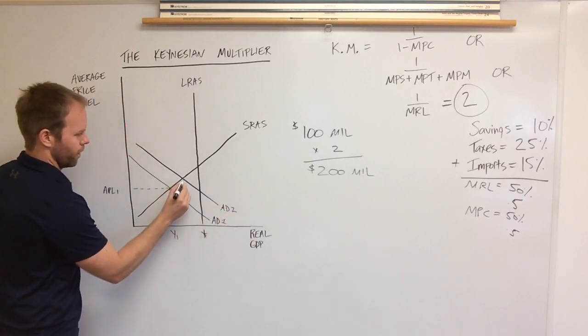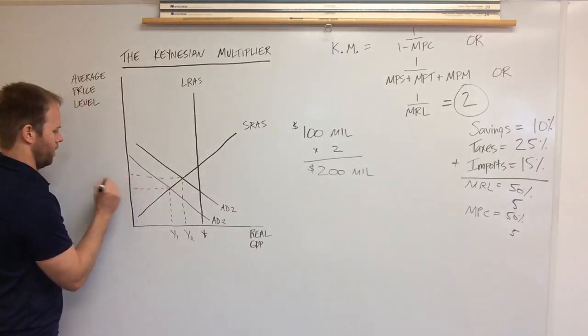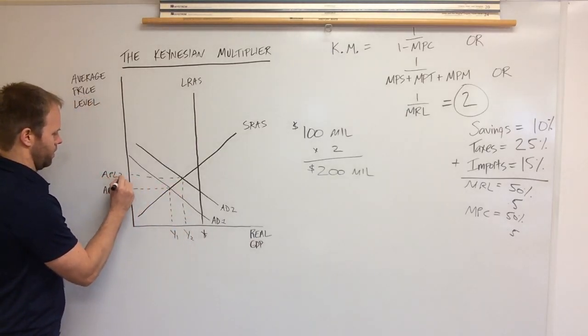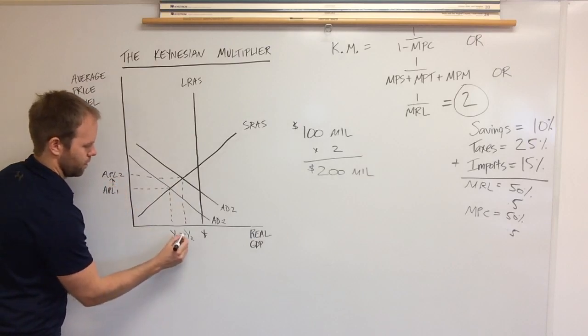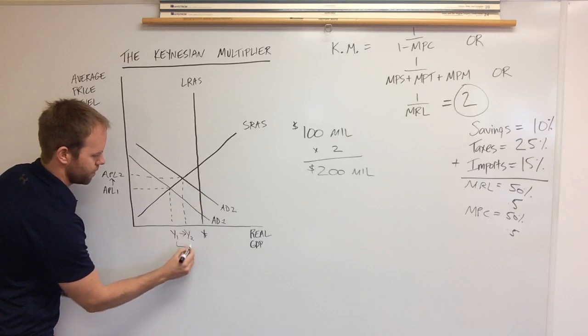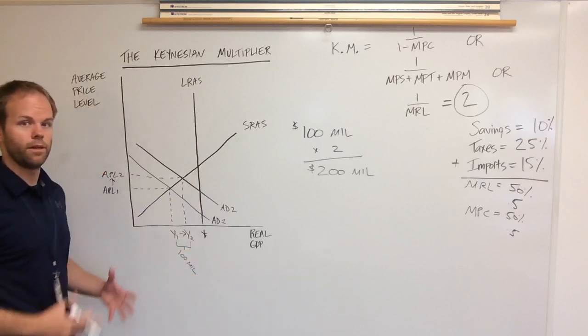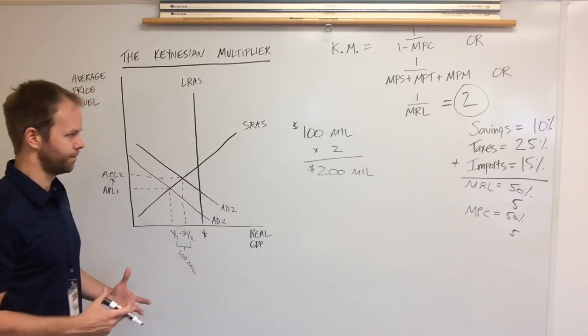So we're going to have one shift of aggregate demand here, a shift from here to here. This distance here is 100 million. That's simply the amount that the government spent.